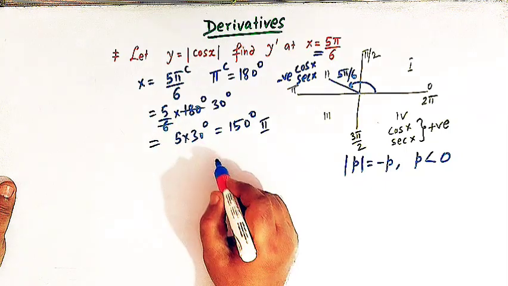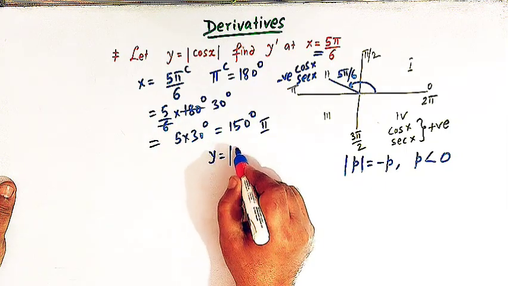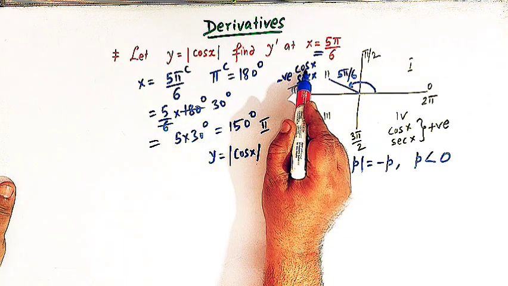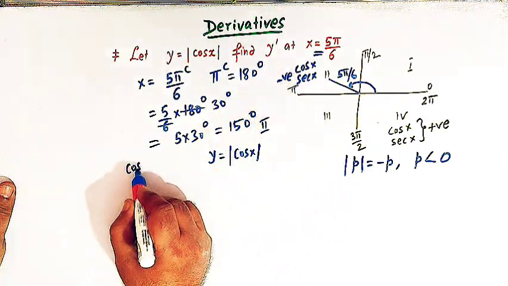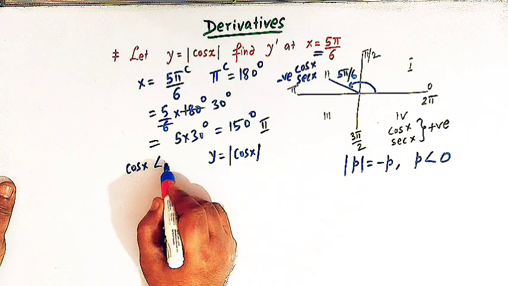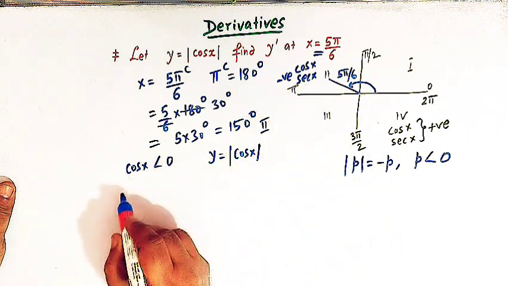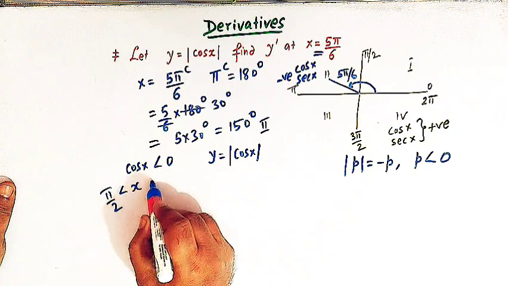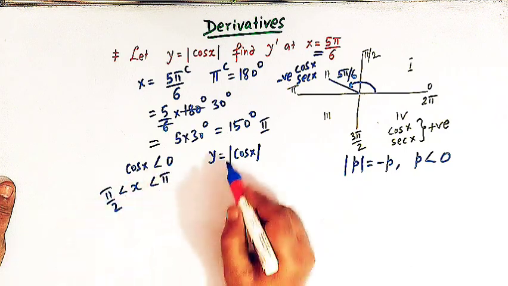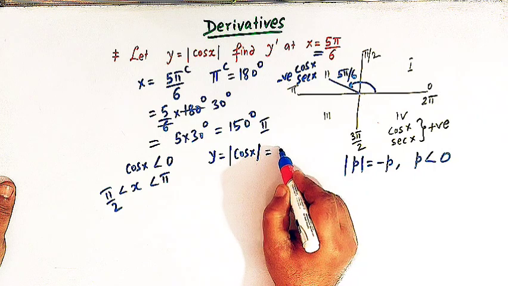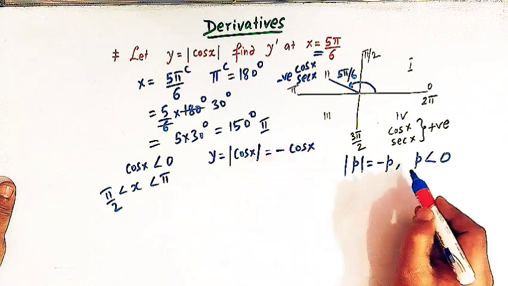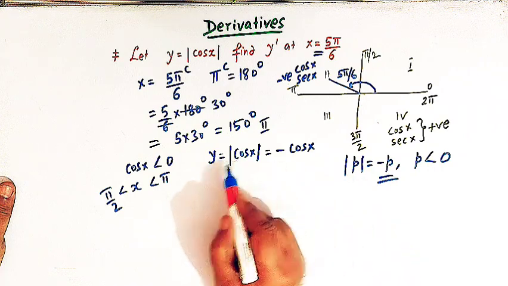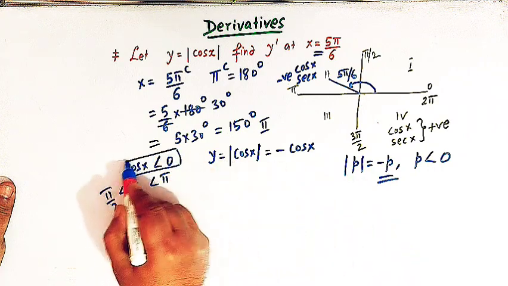Here we have y is equal to mod of cos x, and we know that cos of x is negative, that is less than 0, when x belongs to the interval pi by 2 to pi. So mod of cos x can be written as negative of cos x due to this definition, because cos of x is less than 0.